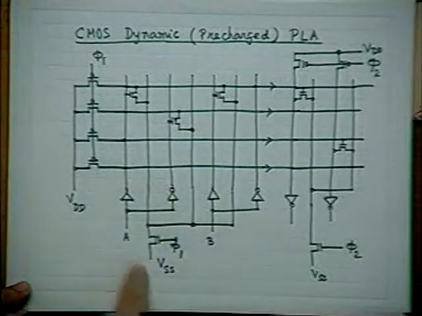Suppose I ask you in the examination a question: design a CMOS dynamic PLA to implement the following functions F1, F2, etc. Then you have to design exactly, with folding, etc., the way I have discussed. You have to do all those things, but at the end, the circuit diagram has to be drawn like this, where these additional transistors have to be shown.